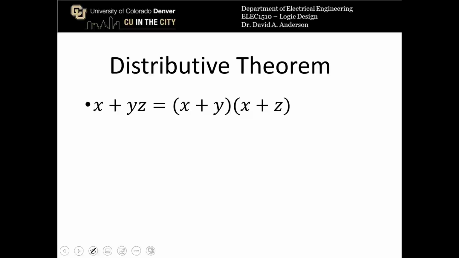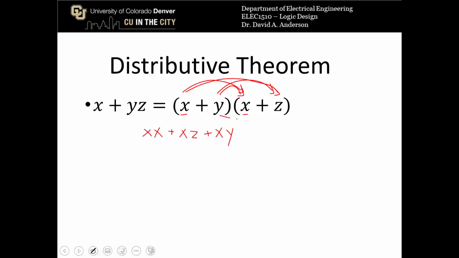If I distribute this parentheses out into the second parentheses using FOIL, so first, outside, inside, last, the first two terms are x times x, so that's this term times this term. Now outside is x times z, so plus x times z. Then the inside terms, plus x times y.